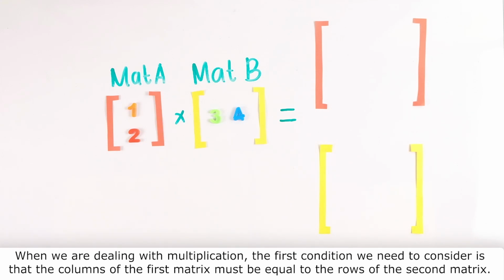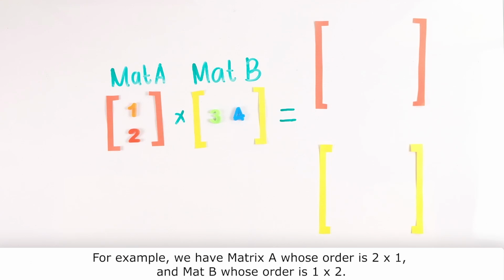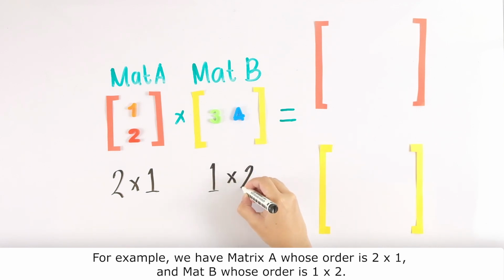When we are dealing with multiplication, the first condition we need to consider is that the columns of the first matrix must be equal to the rows of the second matrix. For example, we have matrix A whose order is 2 by 1 and matrix B whose order is 1 by 2.